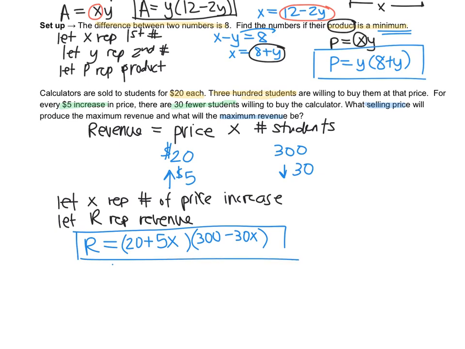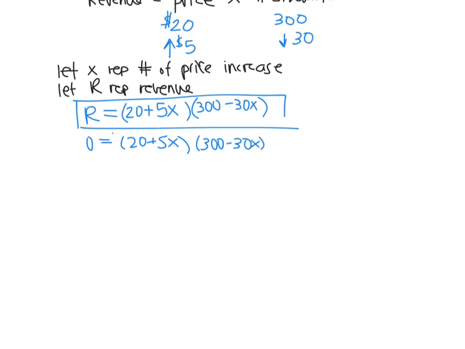And again, it's nicely factored for us. So I would branch off and find my zeros and then average them. But before you do that, you must set R equal to 0. So when I branch, 20 plus 5x can equal 0.